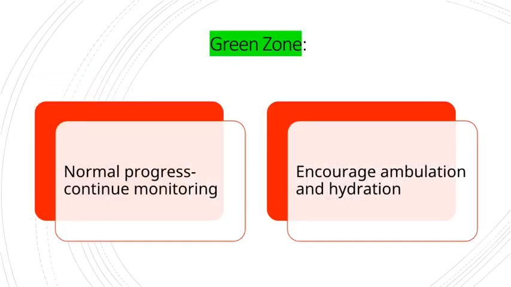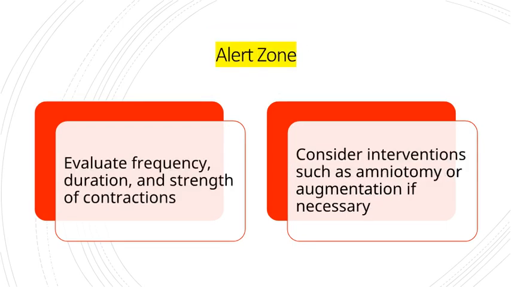The green zone indicates normal progress in labor. In this zone, it is important to provide support, encourage ambulation, and ensure hydration while regularly evaluating maternal and fetal well-being. The alert zone signals potential concerns in labor progress or maternal or fetal well-being. Clinicians should evaluate contraction patterns closely and consider interventions if labor progress is stalling or there are fetal or maternal concerns that require expedited labor progress.